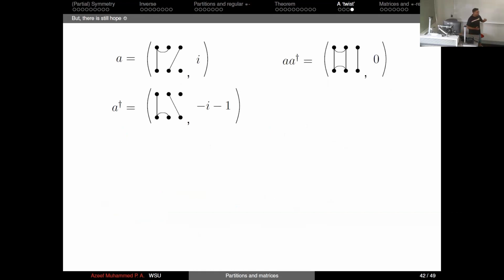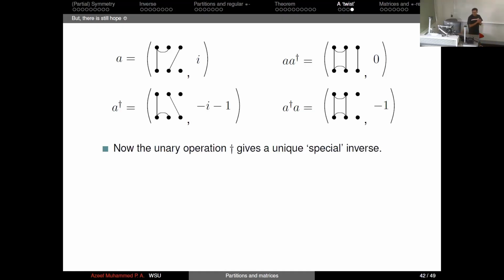Now this way you can compose these two, and then your A star now becomes i minus 1 plus this. So it becomes 0. And similarly, A dagger A is another element, which is again an idempotent. So you are hitting projections with these special inverses, and both A perp and A perp A are indeed projections.